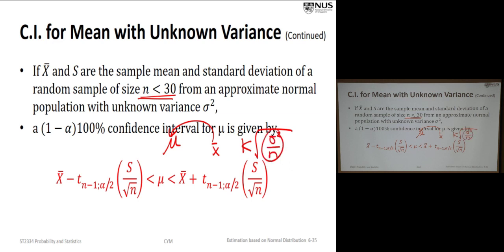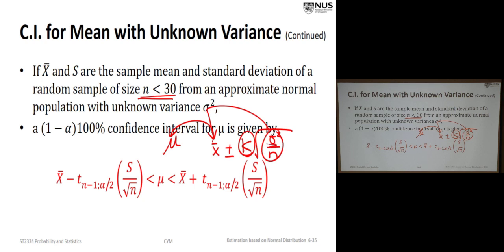This is the variance of x bar. Variance of x bar. All right. So I take the square root, so we call it the standard error of x bar. So we are plus or minus k times that. So the question is, what is this k? All right. Now, in order to achieve that confidence level, the k depends on the underlying distribution.